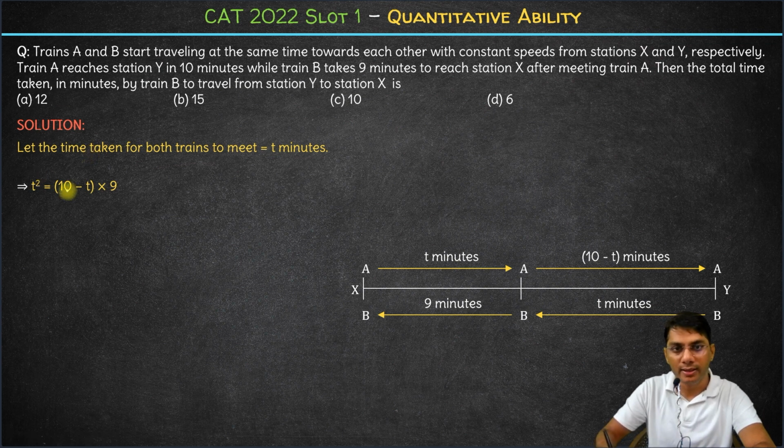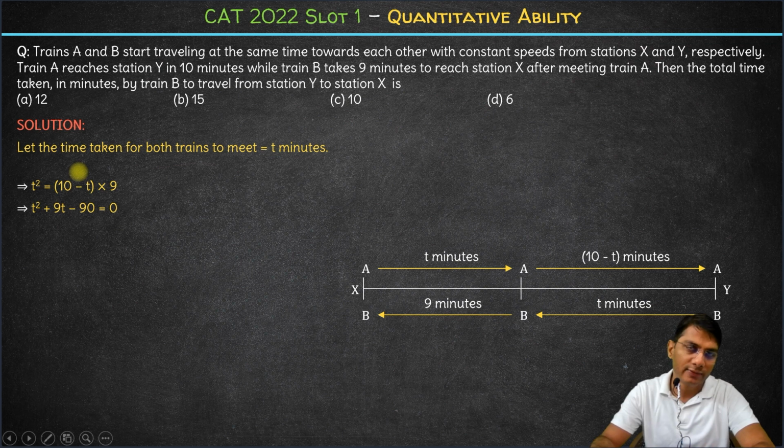So we'll have t square, and the 90 comes to the left hand side. Plus 90 becomes minus 90 and minus 9 into t becomes plus 9t. So t square plus 9t minus 90 is equal to 0. This is what we have. Okay. So now how can you split this? Think of two numbers whose product is minus 90 and sum is plus 9.